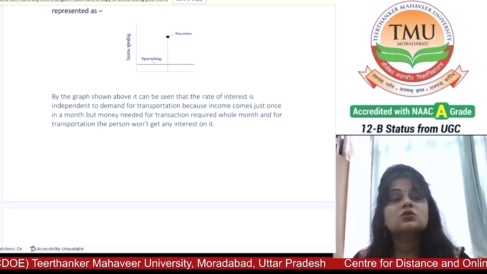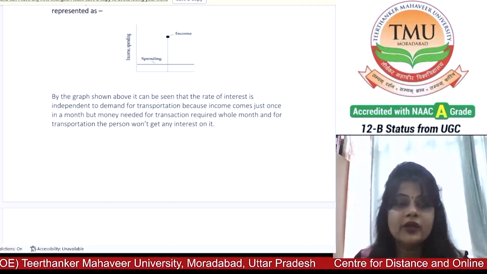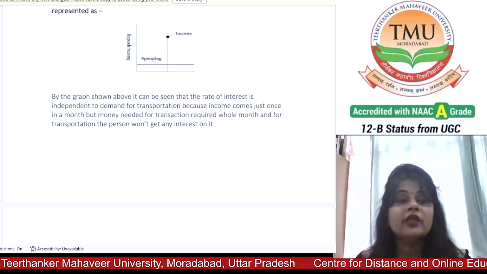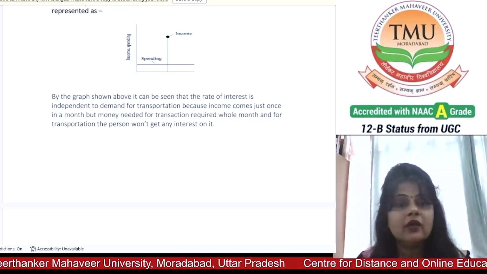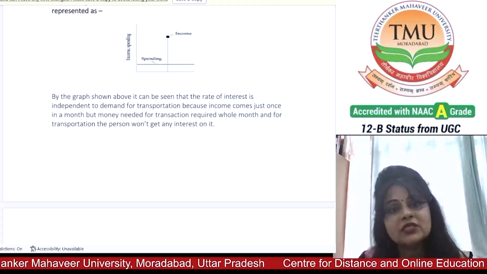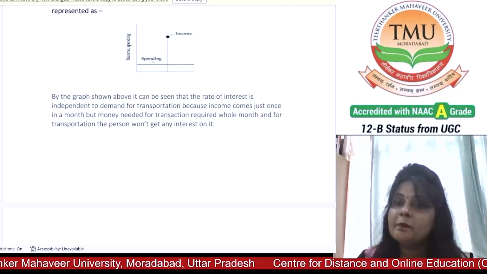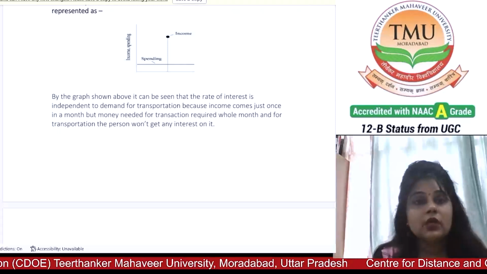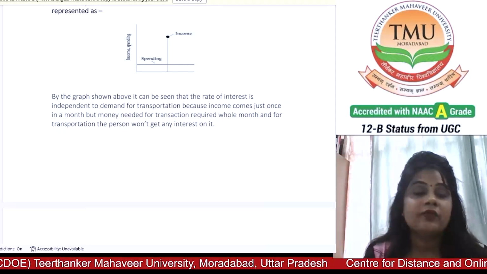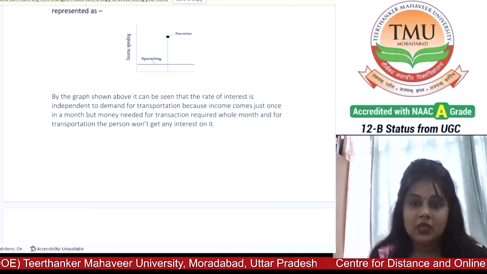The businessmen also need to hold ready cash in order to meet their current needs like payment for raw materials, transport, wages, etc. This is called the business motive. So the transaction motive has a direct relationship with income.